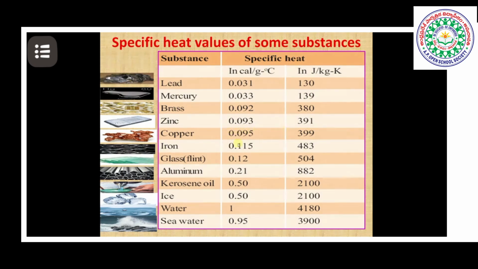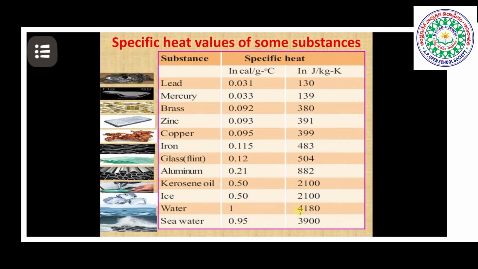Copper: 0.095, 399. Iron: 0.115, 483. Glass: 0.12, 504. Aluminum: 0.21, 882. Kerosene oil: 0.50, 2100. Ice: 0.50, 2100. Water: 1 calorie per gram degree centigrade, and 4180 joule per kg Kelvin.